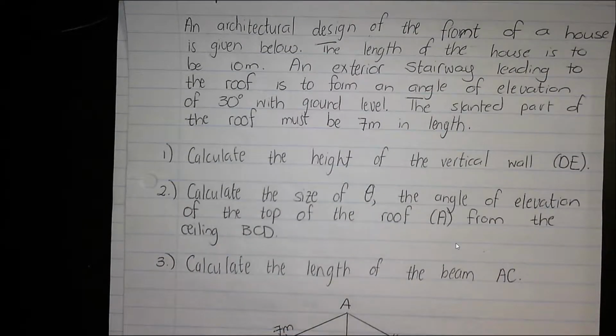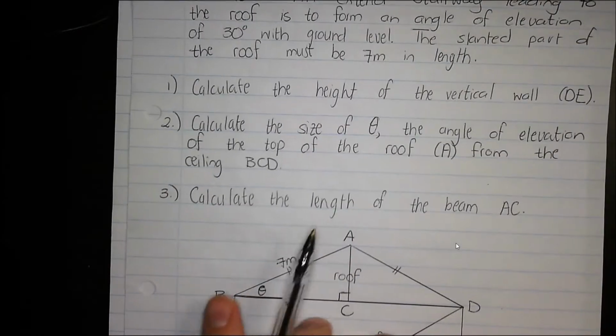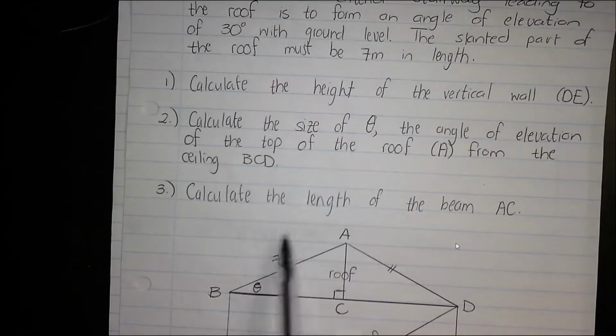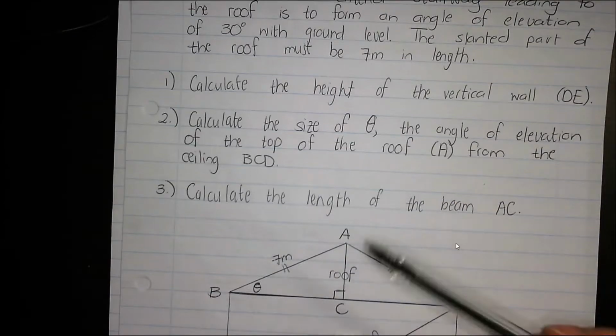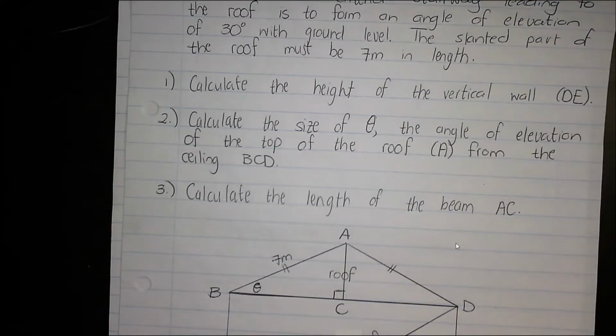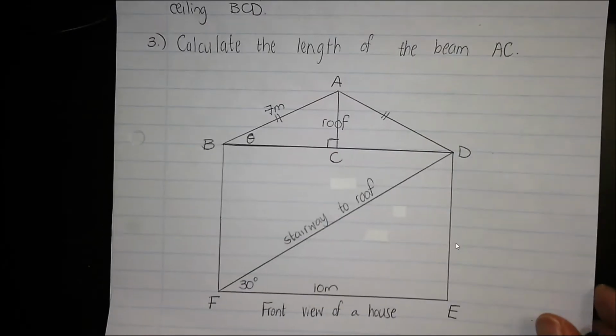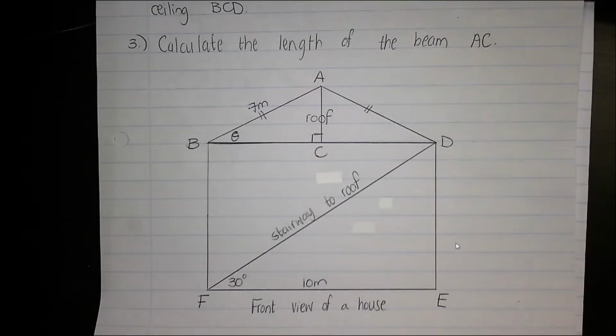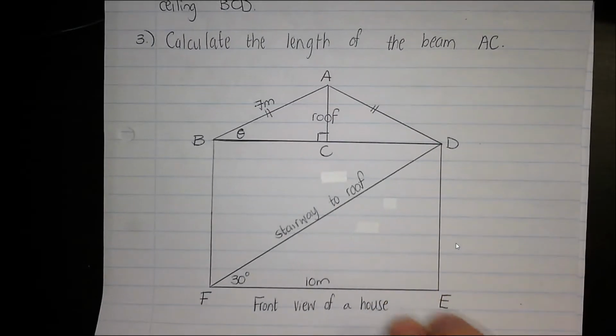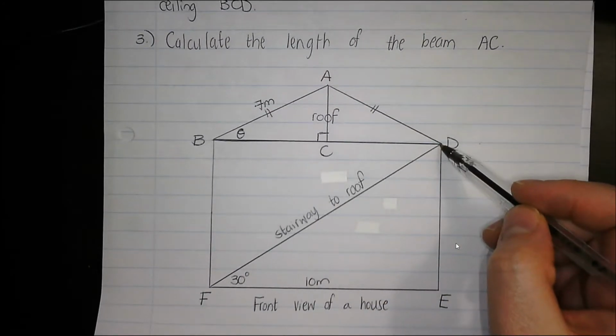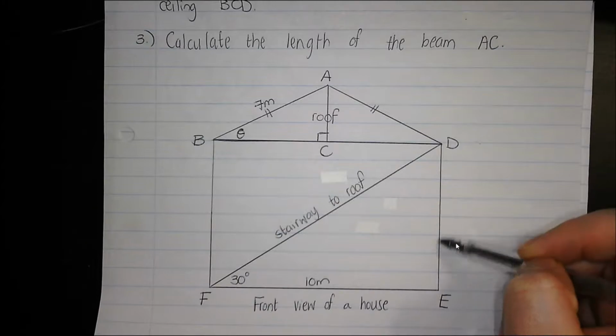So they want the angle theta. And calculate the length of the beam AC. So here is our sketch, and we can divide this into multiple parts, but the first part that we want is DE. That's the first question.